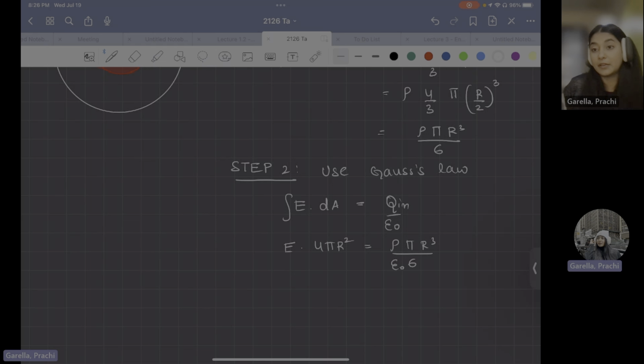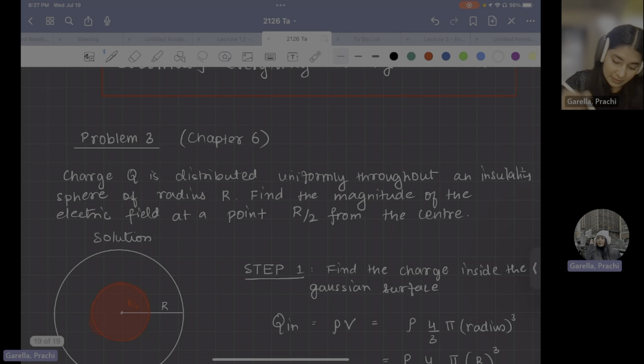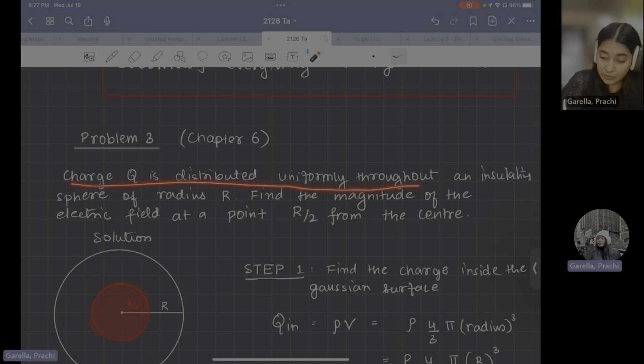And now how do we find rho? If you remember in the question, it says that charge Q is distributed uniformly throughout an insulating sphere.